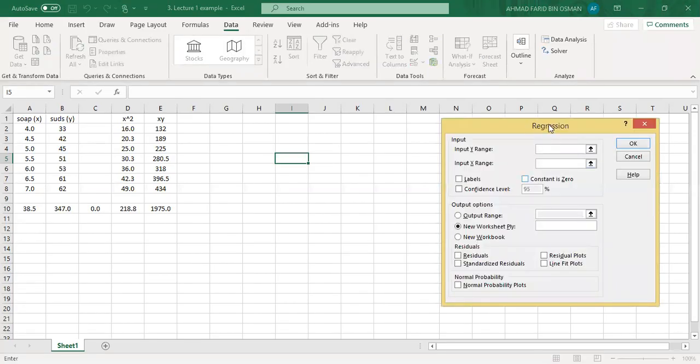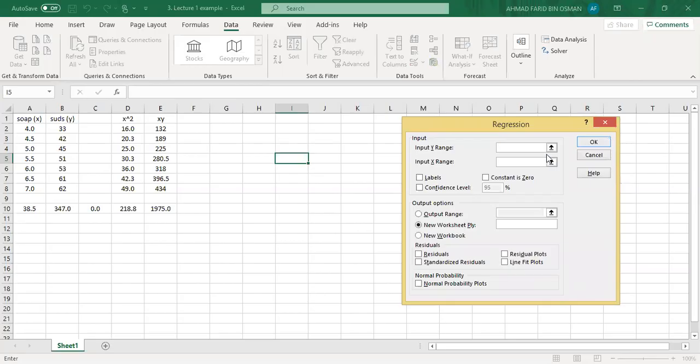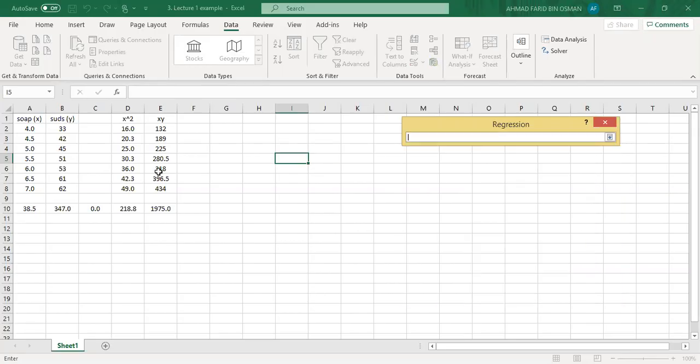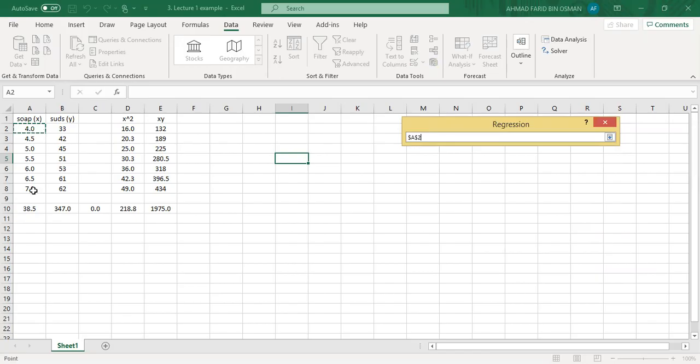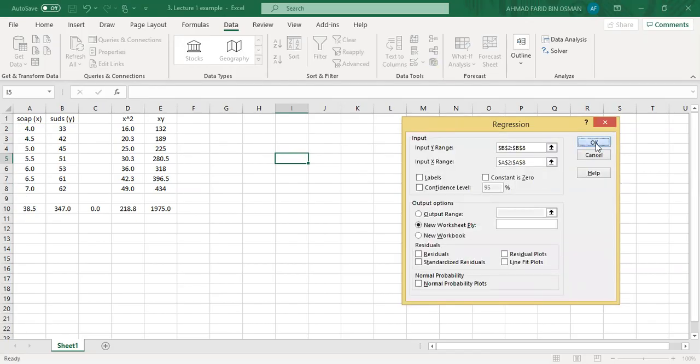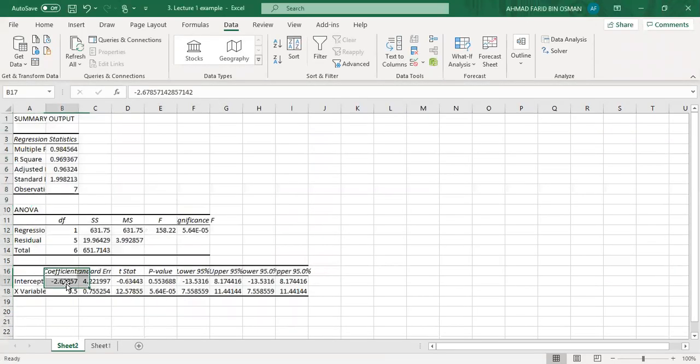Probably you have learned before how to use Excel to estimate. You select the Y range, your dependent variable, and then the X range, your independent variable. Just press OK, then you get the same estimate values: intercept negative 2.6, and 9.5 for the slope parameter.